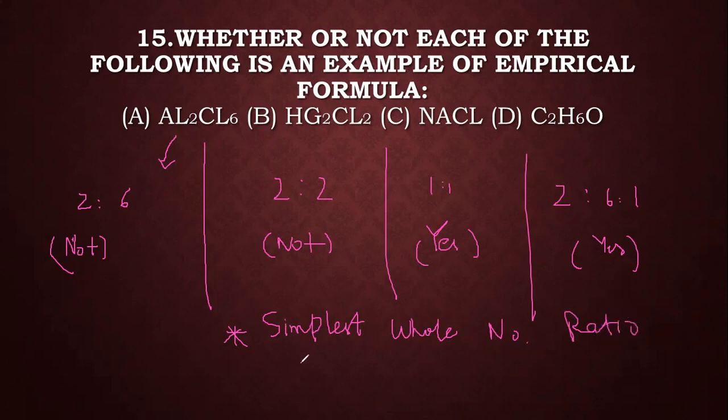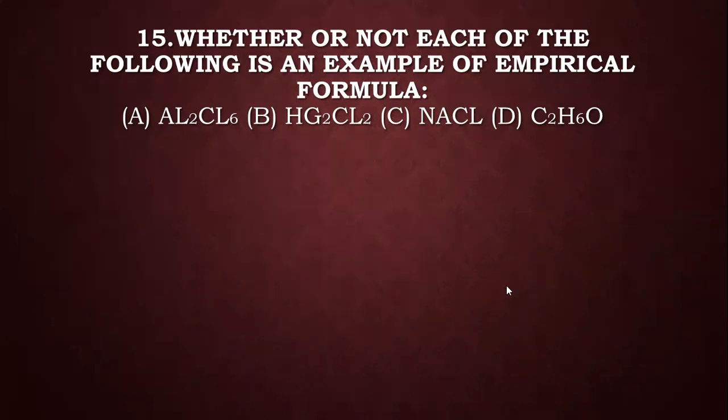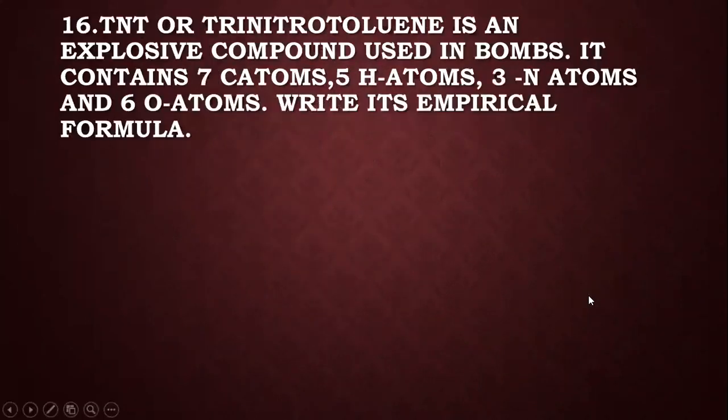Now, moving to our next question. The next one is TNT, or trinitrotoluene, an example of a compound and the bonds it contains. It contains 7 carbon atoms, 5 hydrogen atoms, 3 nitrogen atoms, and 6 oxygen atoms. Write its empirical formula.